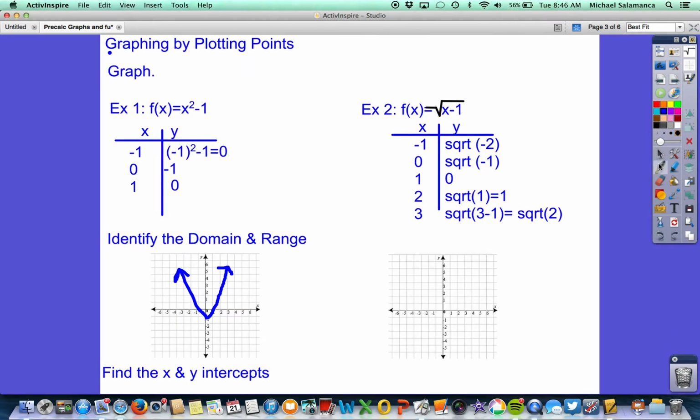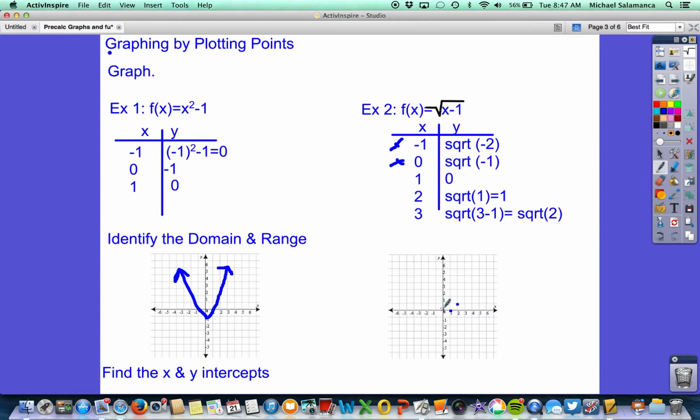So we're going to plot these points again. Keep in mind, the first two don't help us, but the others do. Our x value is 1, so we move 1 to the right, and we don't go up or down, so that's our first point. The second one is 2. That means we go 2 to the right of the origin, and the answer is 1.